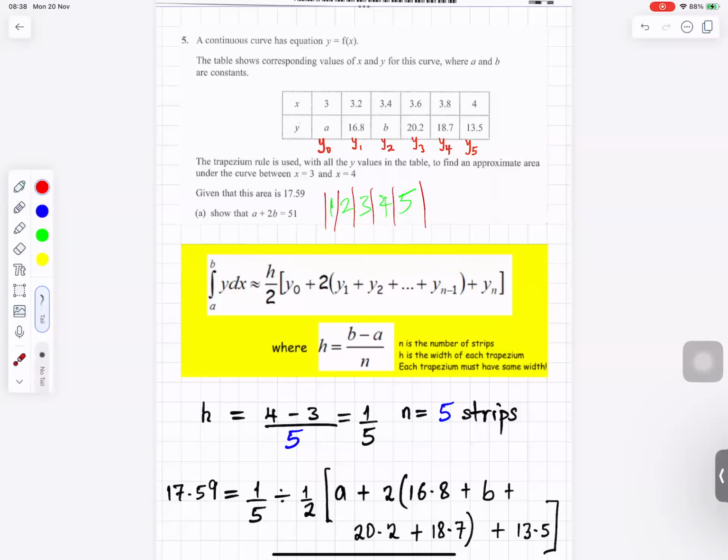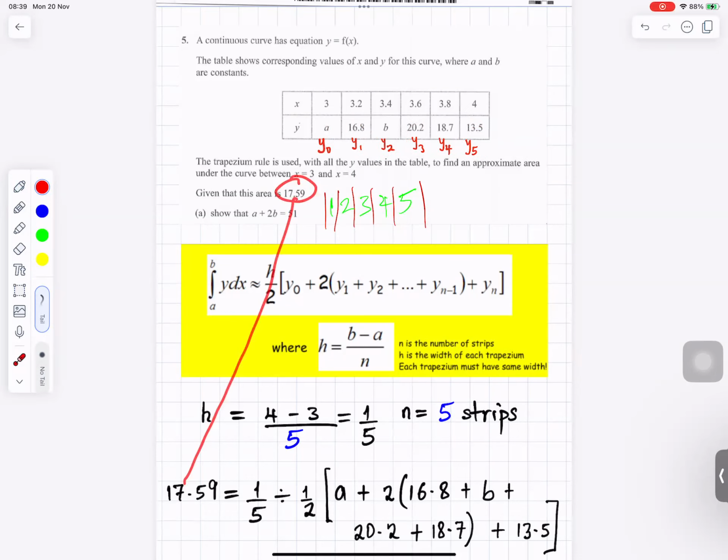Now we need to identify the values. The first one, y0, is A, y1 is 16.8, y2, y3, up to y5. We go now into the formula and substitute it in. And we know the total answer for the area is 17.59.